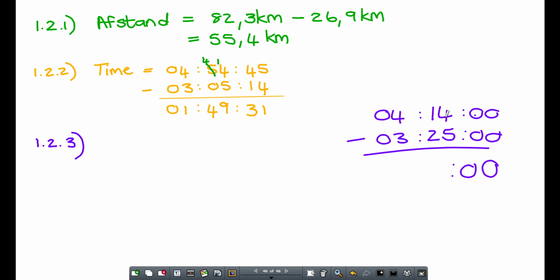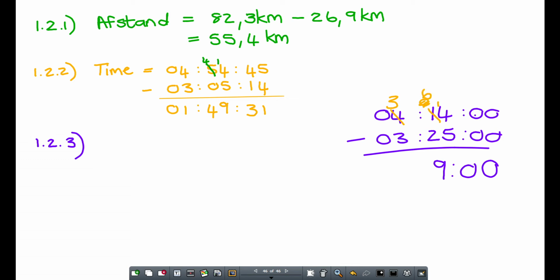No. 4 minus 5, I couldn't. So I stole a 1 over there. No. Okay, then 14 minus 5 gave me 9. No. 0 minus 2. I can't. So I've got to go steal again. Maar nou, ek werk nou buite minute uit. So I'm going to go and steal an hour. But how many minutes is an hour? 60. So this is going to become a 6.